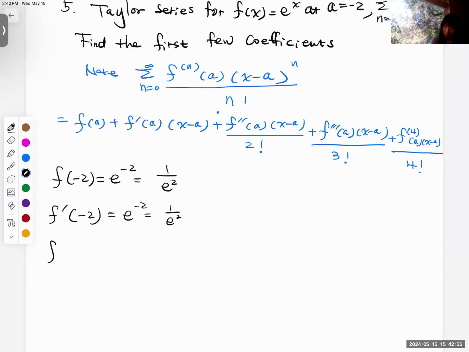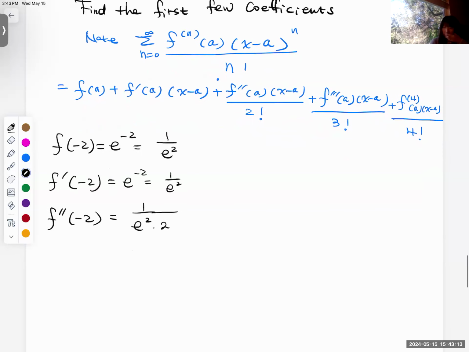So f second prime of negative 2, we have 1 over e to the second power and then 2 factorial, right? Third, 1 over e to the second power times 3 factorial.